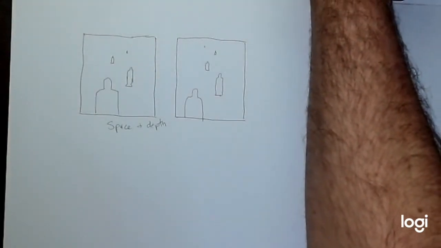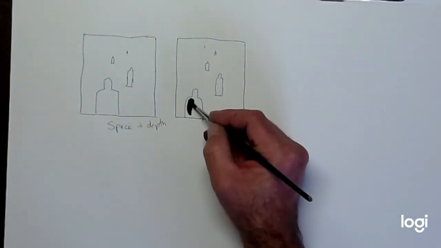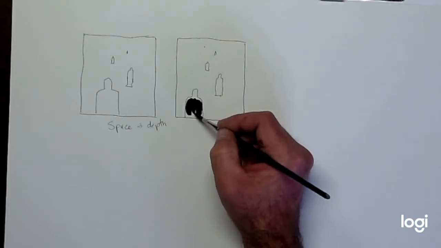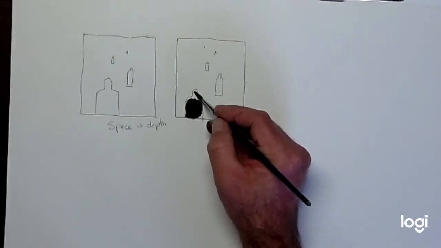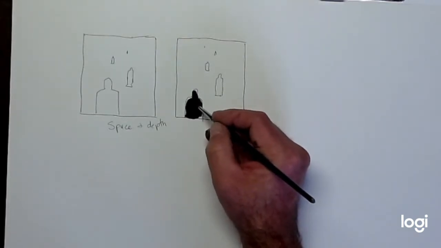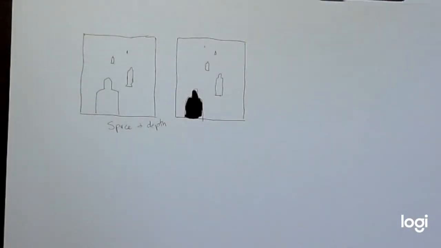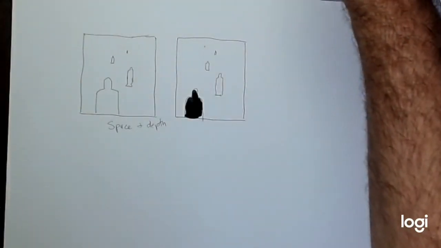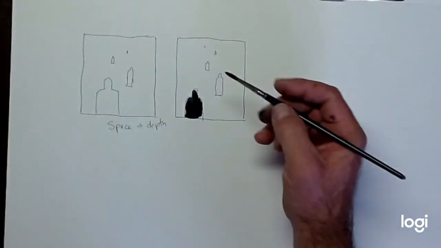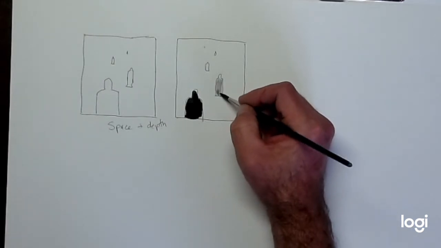I'm going to use tone. I want to take my darkest tone and I'm going to go here. Here's my person, first person. Going to go into a medium tone, second person.